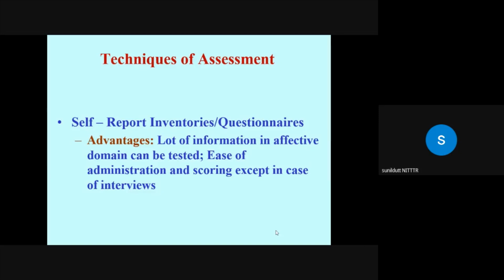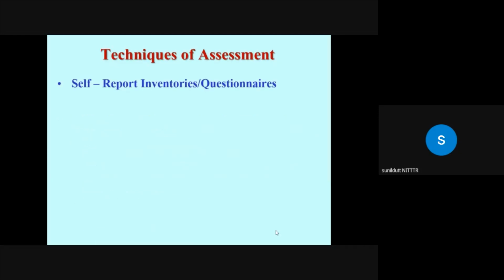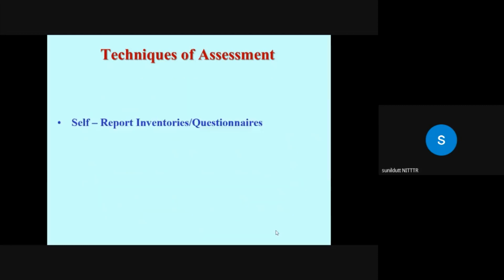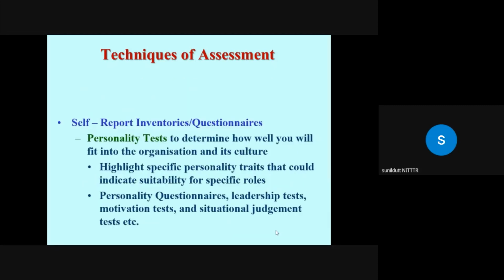Okay, so self-report inventories may include personality test, aptitude test, numerical reasoning, verbal reasoning, inductive reasoning, error checking test, or you have personality test, leadership test, motivational test, and so on.